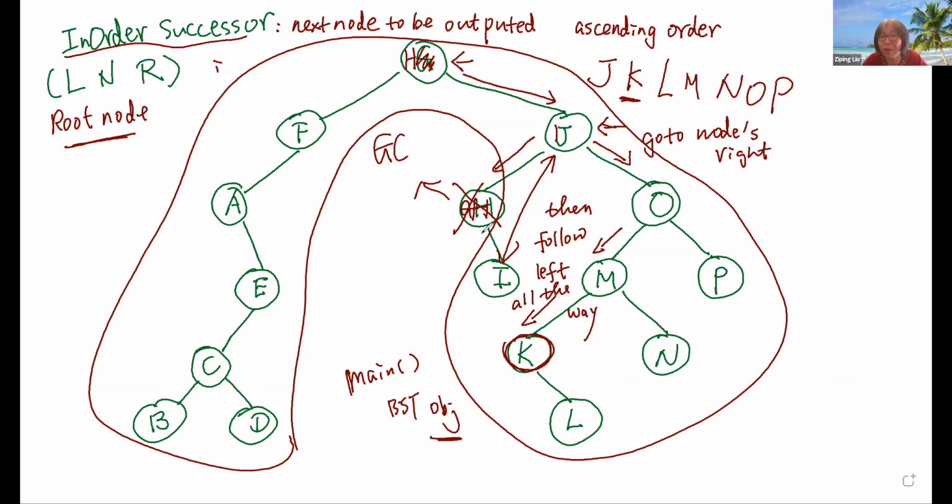So it's floating around. It's not that you really delete the node; we just swap the contents, then we delete some other node.